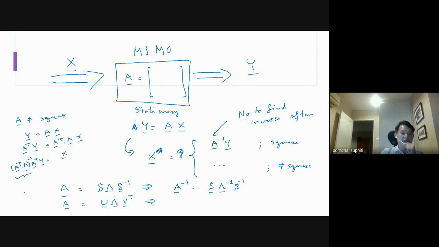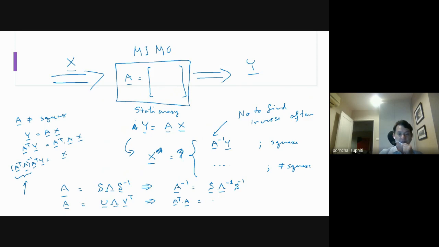Remember that this A transpose times A can be huge. It's not a small matrix. It can be of size 1,000, it can be even millions. Think about a very huge matrix. So if we write A transpose times A, what do we get?